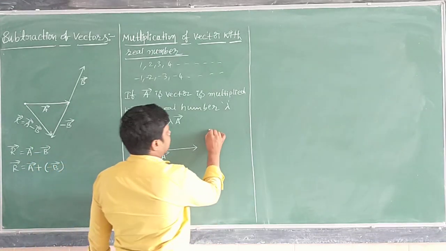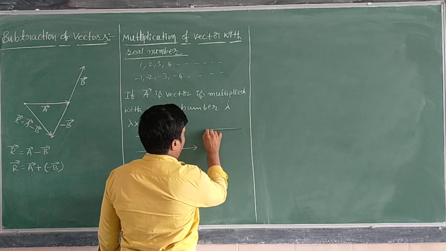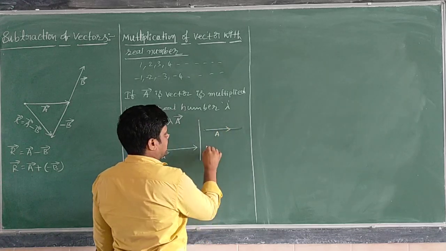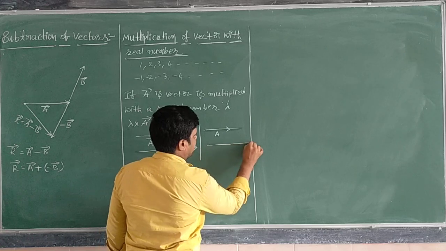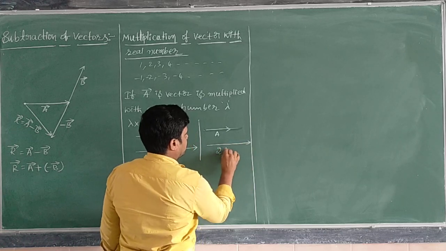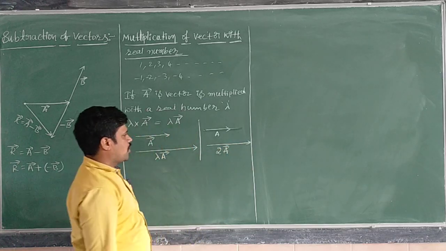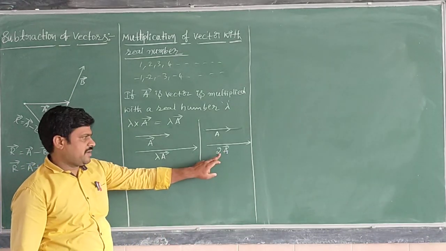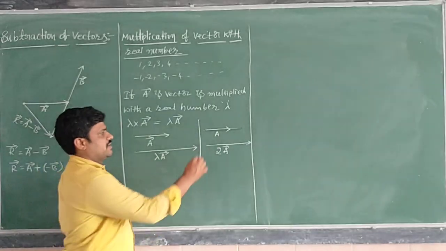For example, this vector a bar is multiplied with 2. Sir, vector a bar is multiplied with 2, then a bar becomes 2a bar.